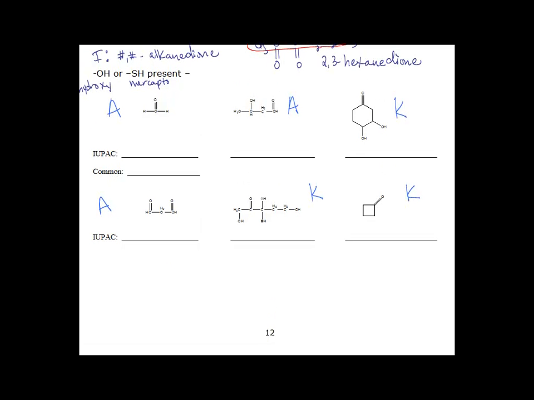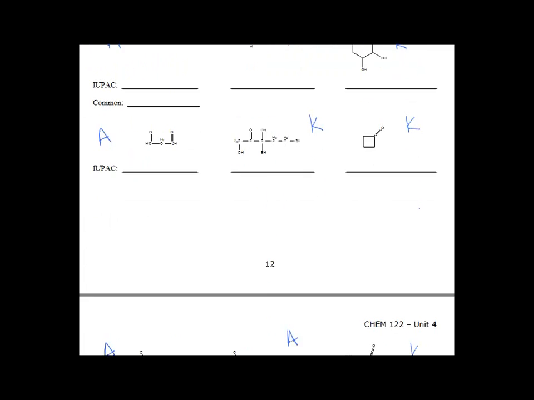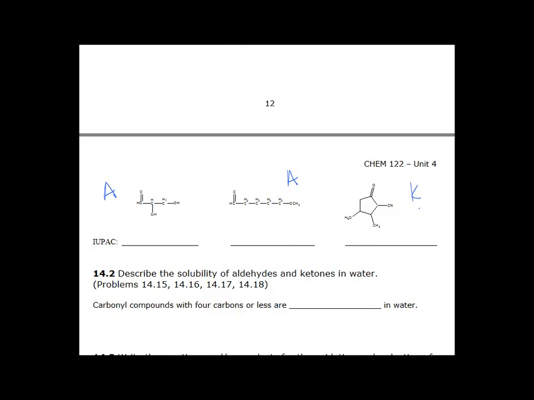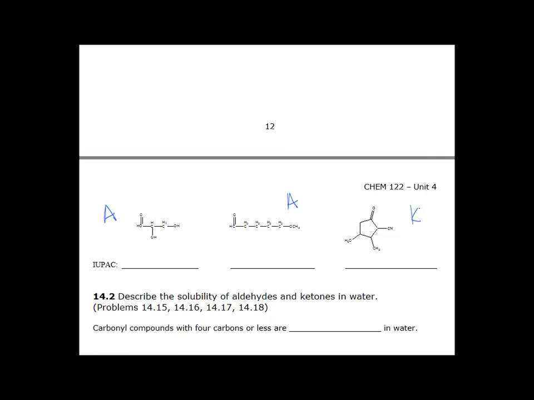Okay, so I have written either A for aldehyde or K for ketone. So reading the top structures left to right, first structure is aldehyde, second one is aldehyde, third one is ketone. The middle set of structures, aldehyde, and actually it's a dialdehyde. Middle one is ketone, one on the right is a ketone, so ketone, ketone. And then on the top of page 13, aldehyde, aldehyde, ketone.